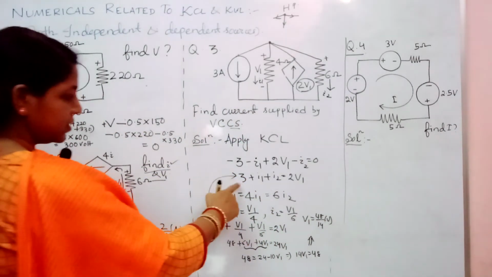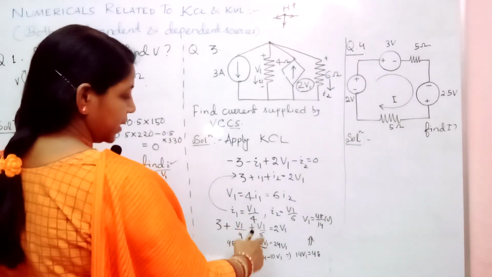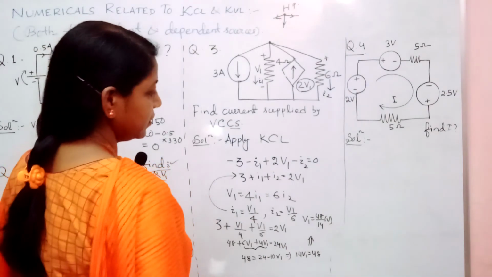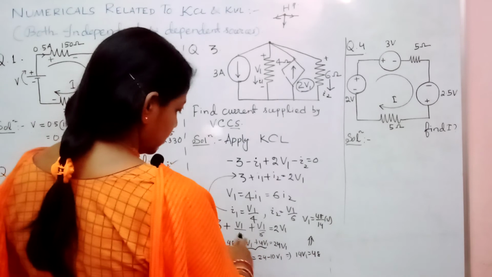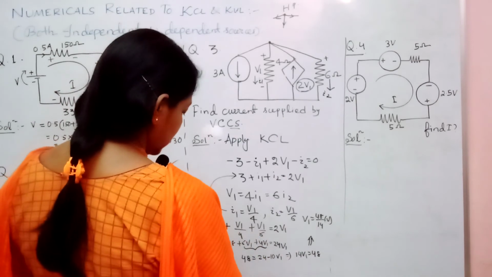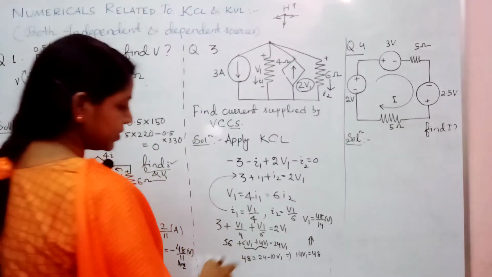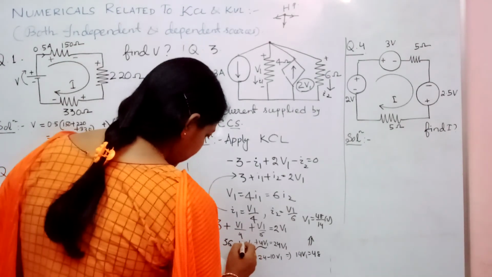Am I right? 3 plus I1 is V1 by 4, plus I2 is V1 by 6, equal to my 2V1. So when you substitute this, what are you finding? This is 6, 4, 12. 12 times 3, sorry, it is 36. Now your LCM is 12. So 4 times 3, this is 3V1.